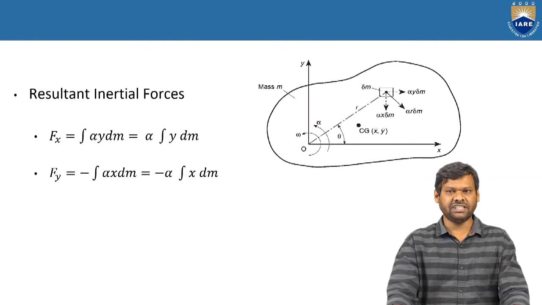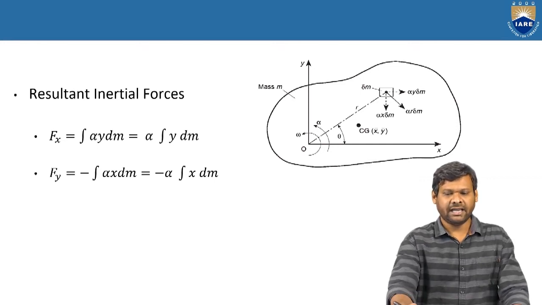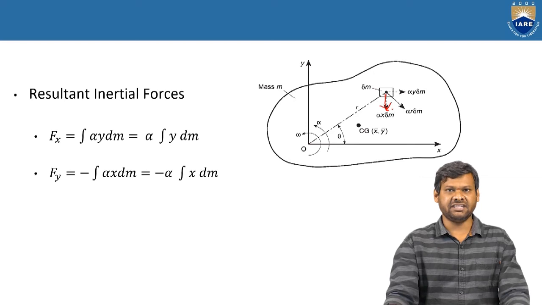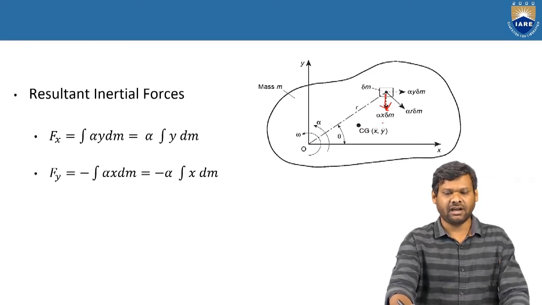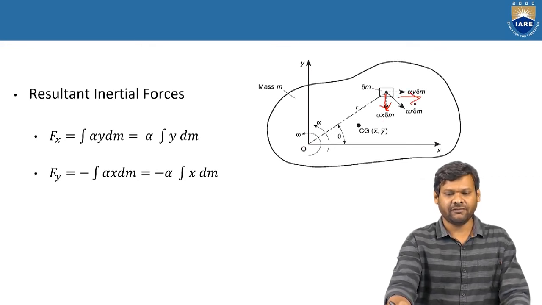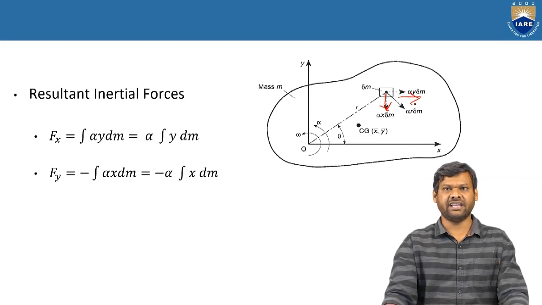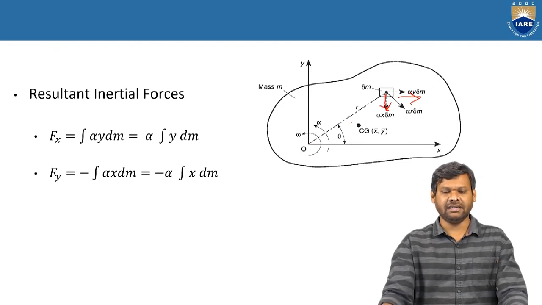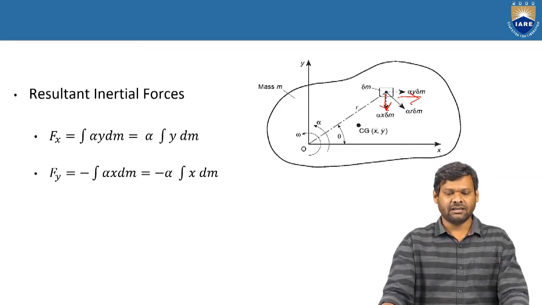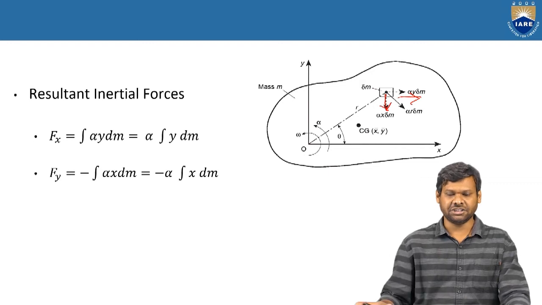When you look into the diagram, this alpha x dm is acting in the negative direction of the y axis, but alpha y dm, the force of x, is acting along the direction of the x axis. This is the reason why Fy is negative and Fx is positive.